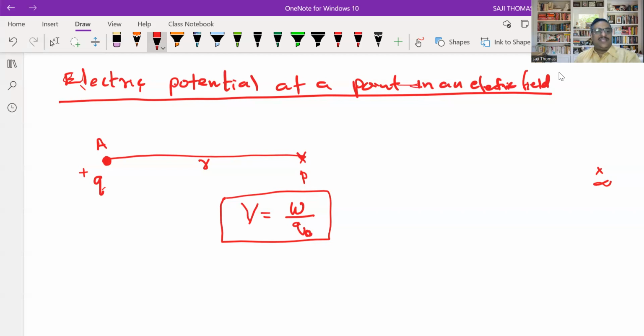So I will write the definition here. All of you note down.